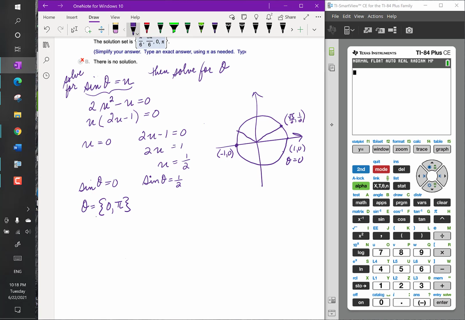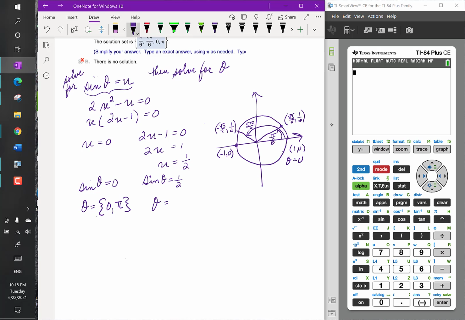Sine is also 1/2 over here, at negative square root of 3 over 2. The cosine is negative, the sine is positive. So this angle is pi over 6, and this angle here would be 5 pi over 6.